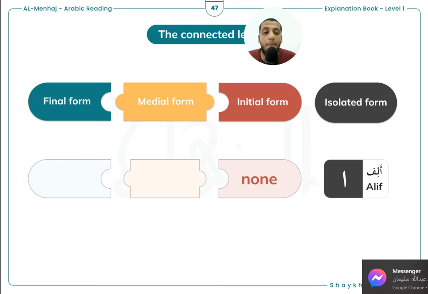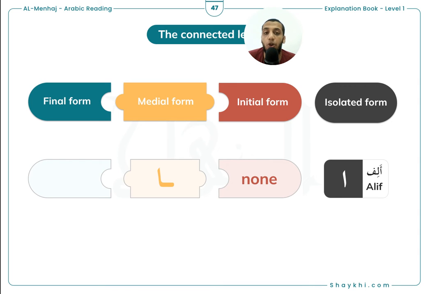Because Alif is a mad letter, which means it's used to stretch the sound of the letter before. If Alif is used to stretch the sound before, this means that it doesn't come at the beginning of the word, because it has to be preceded by a letter. For this reason, Alif doesn't have the initial form.